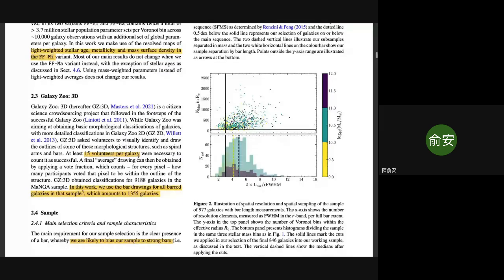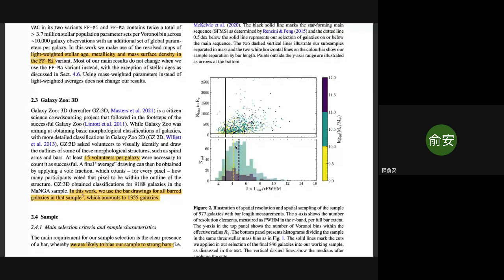And to pick out the bar, they use the famous Galaxy Zoo, cross-matching the data in Galaxy Zoo and the MaNGA survey. They claim that for each galaxy, at least 15 volunteers visually inspect it and also mark which part can be identified as the bar. After all this, they end up with about 1,300 galaxies.